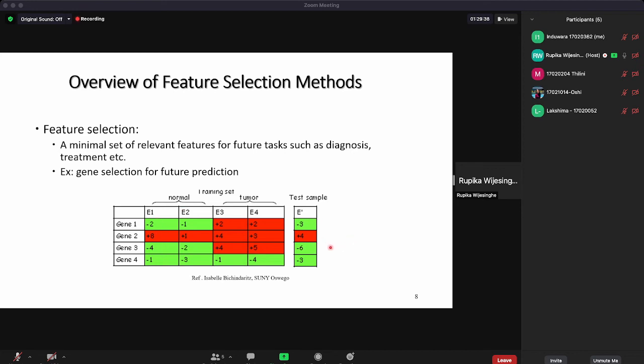Okay, so that is how we can use gene expression, and also how to identify a particular condition, a particular sample, using a few genes when you have identified a few relevant features.